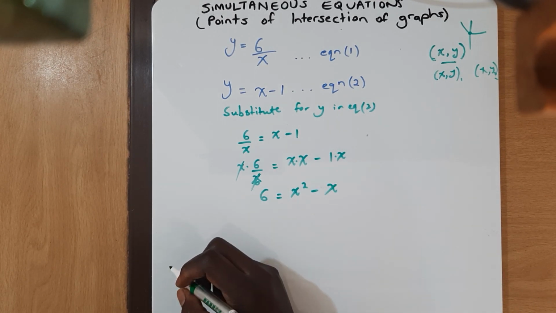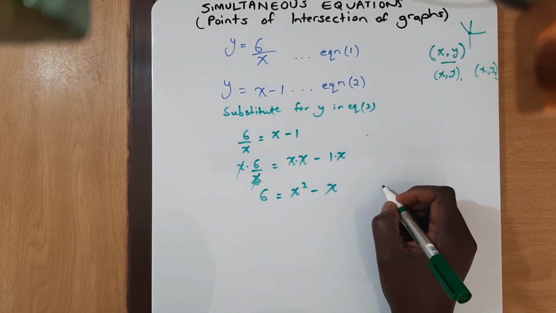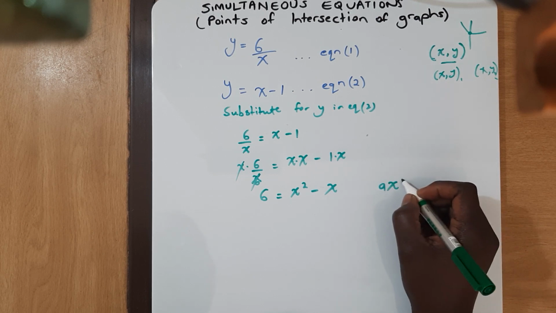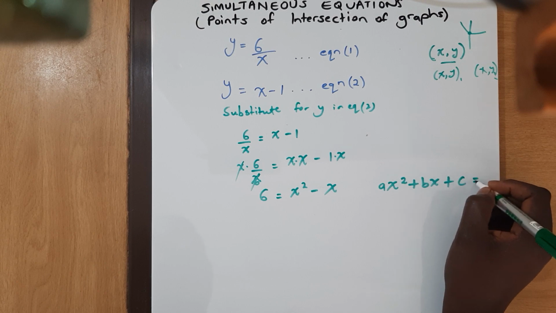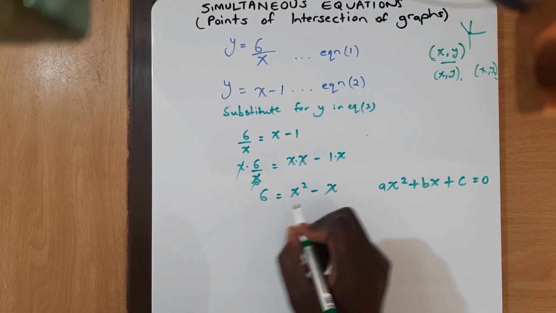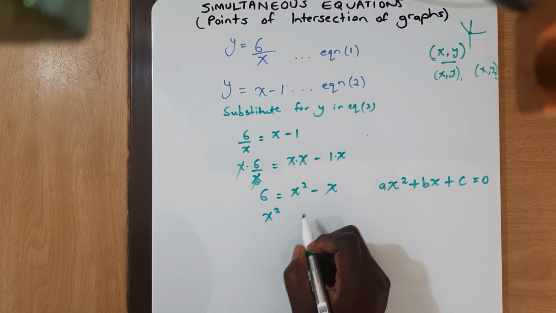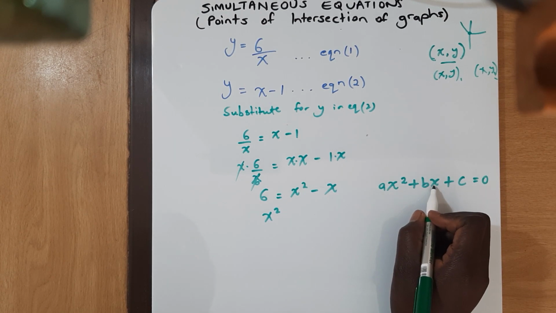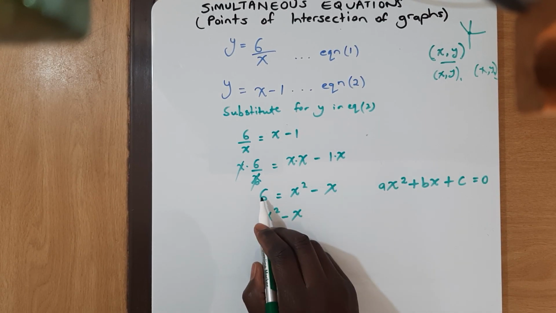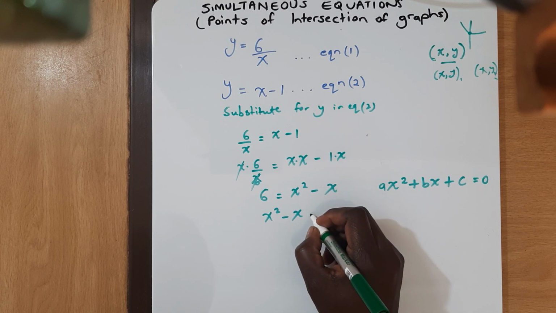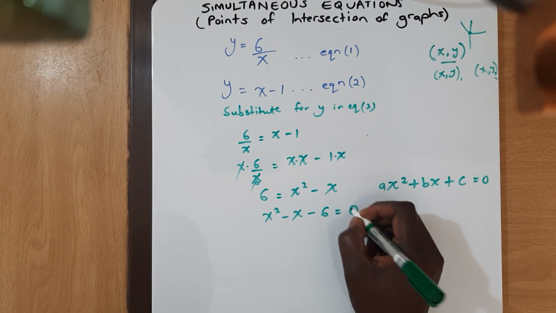Then let's write it in the form of a quadratic, because we see the power 2, we want to write it in the form ax squared plus bx plus c equals 0. That will be x squared, then our coefficient for x is minus 1, minus x, and then when our 6 goes that side, it will be minus 6 equals 0.